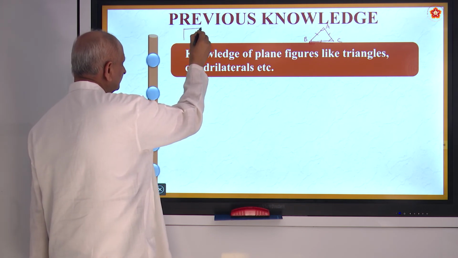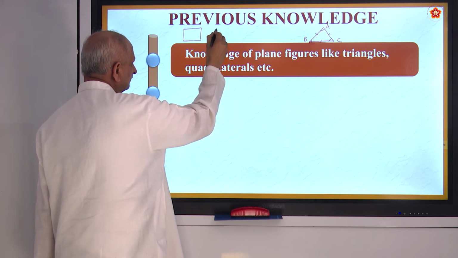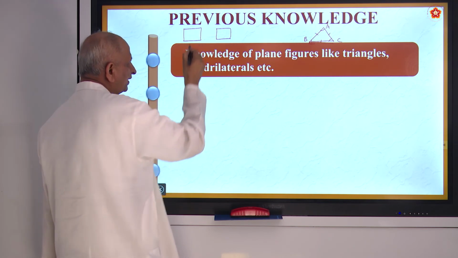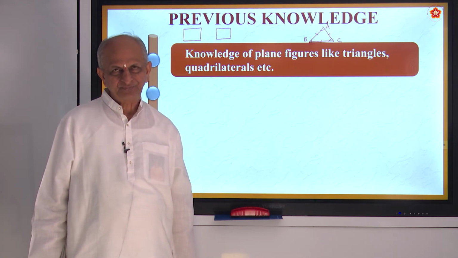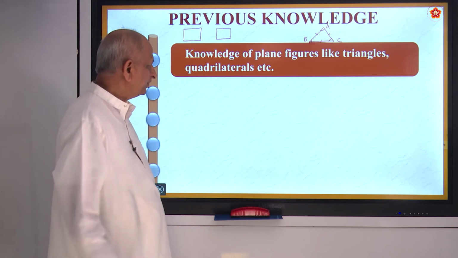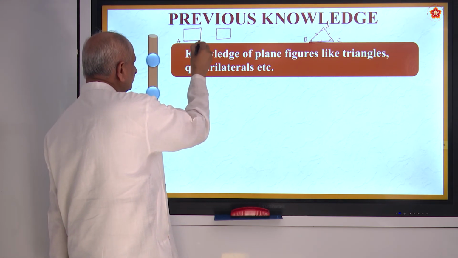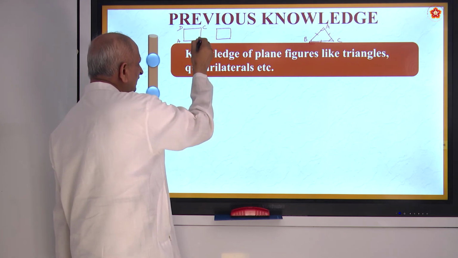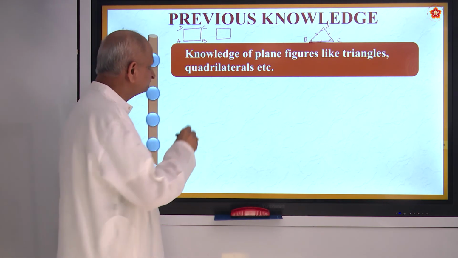And one of the famous quadrilaterals is the square, and then rectangle, rhombus, trapezium, then parallelogram, etc. All these are called quadrilaterals, and these quadrilaterals will have 4 sides and naturally 4 angles and 4 vertices and 2 diagonals.